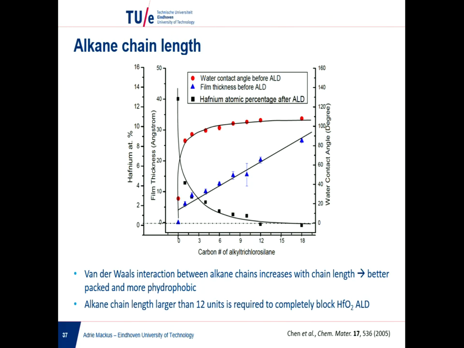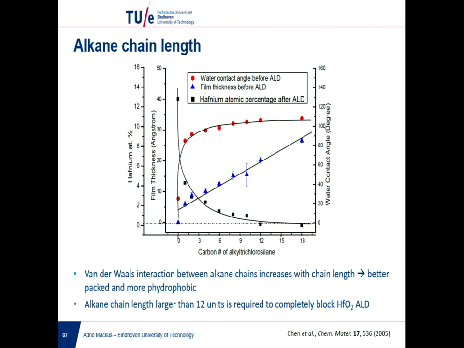On the x-axis you have the number of carbon atoms in this alkane chain. And what you can see is that, first of all, the red is the water contact angle. So this says something about how hydrophobic the surface is. The more hydrophobic, the lower the chances that the precursor can react with the surface. So you can see that it's more hydrophobic for above 10.